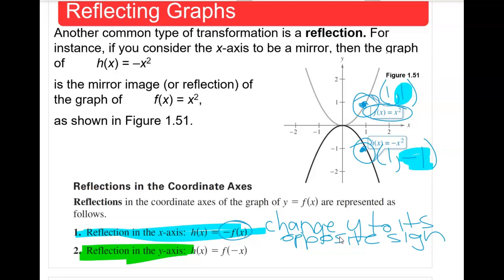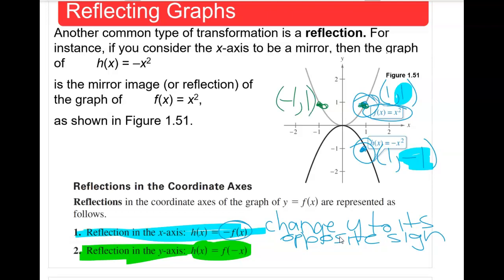Now, if we are reflecting something across the y-axis, then what will be changing? For example, if we take the same point right here at (1, 1) and we reflect that across the y-axis, then the point will be (-1, 1).